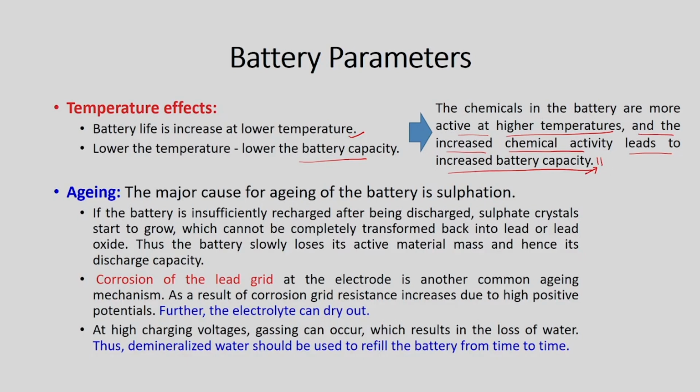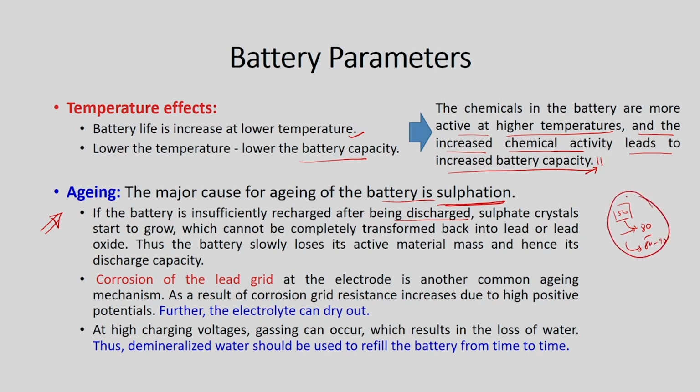And also we have aging. The major cause of aging of the battery is sulfation. So, what is sulfation? If a battery is insufficiently recharged after being discharged, for example, suppose I am using a mobile phone with 50% charge available, or SOC of 50%, and we charge it to 80% and then stop, then use it again and charge to 80%, 90%.